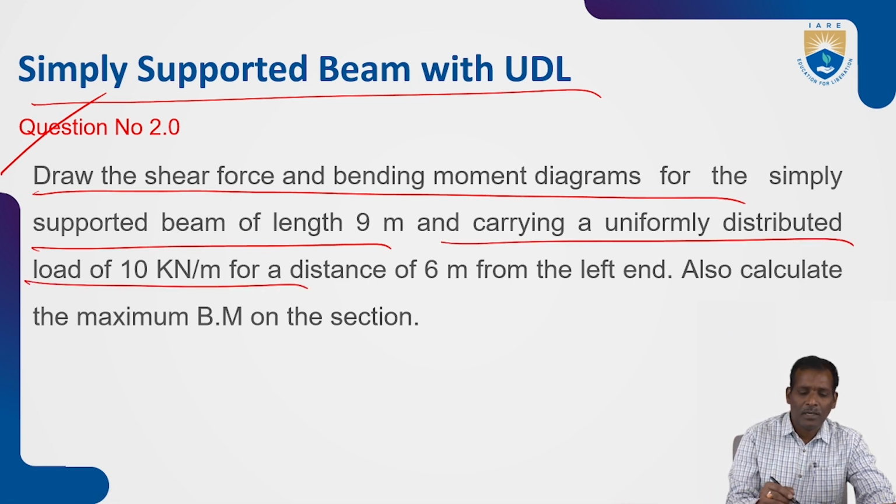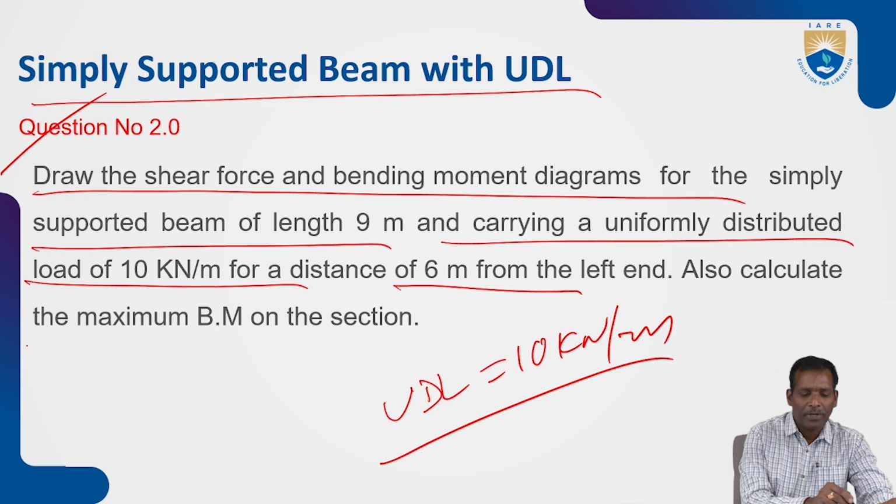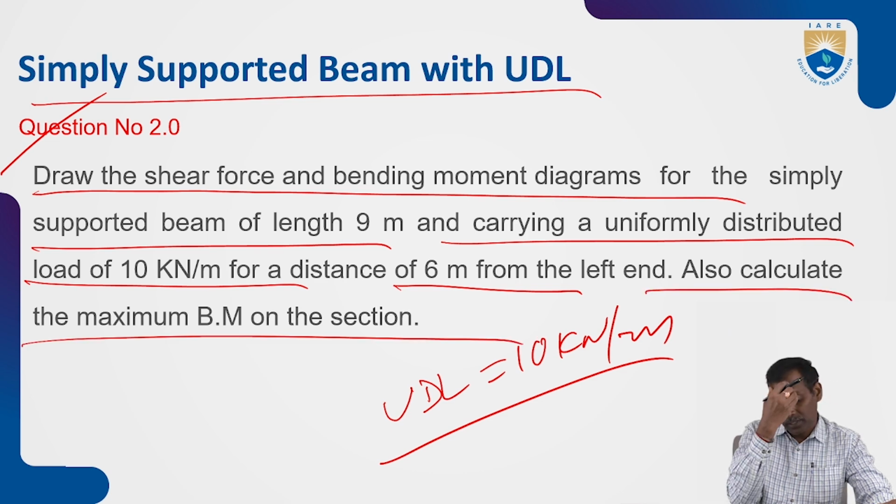So, your given load is UDL, that is 10 kilonewton per meter, for a distance of 6 meters from the left end. Also calculate the maximum bending moment on the section. First he has asked to draw the shear force and bending moment diagrams, and then also he has asked maximum bending moment, where it will occur.